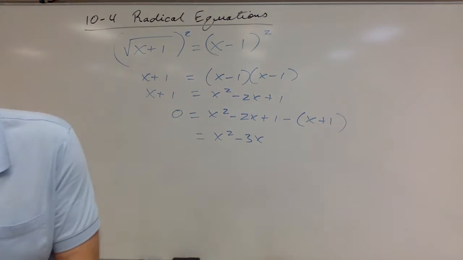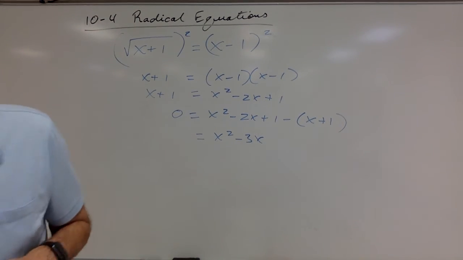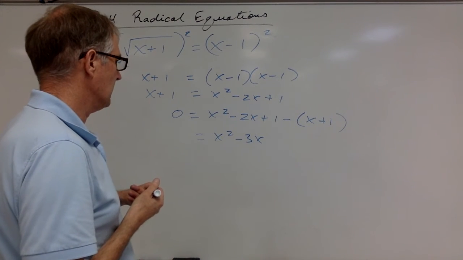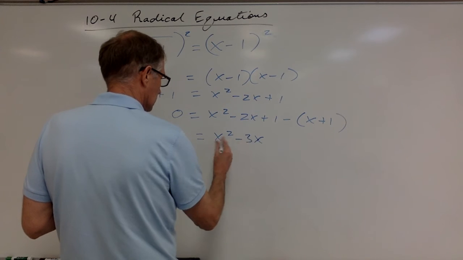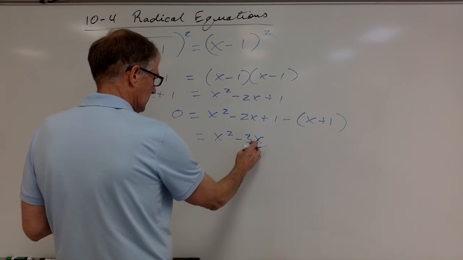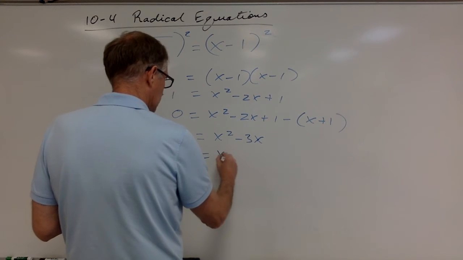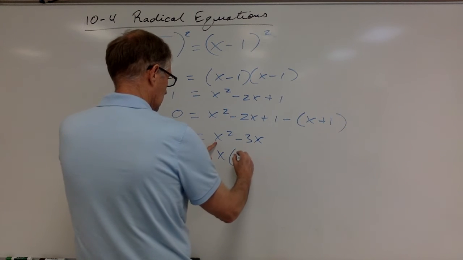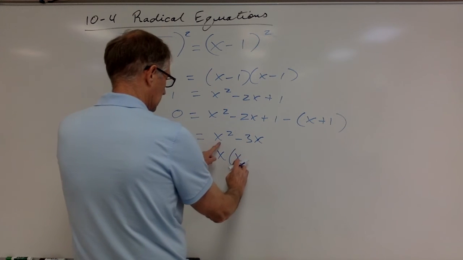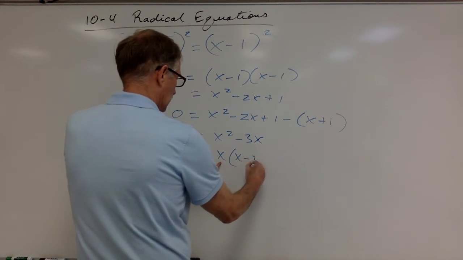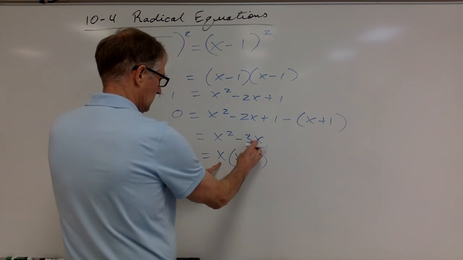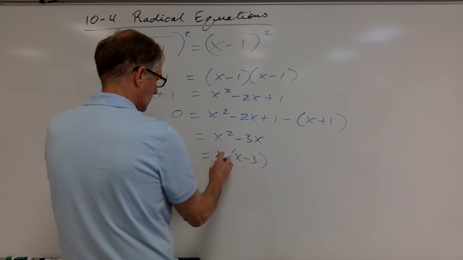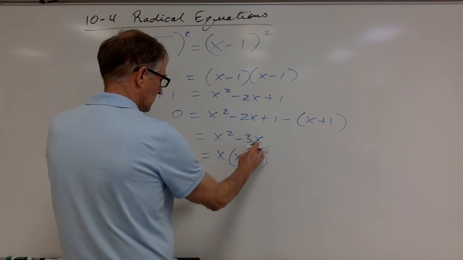But now we need to find out what the value of x is. Now I can factor out an x, because this is x times x, so I can factor out an x to the side. So x times x squared minus 3x, x times x is x squared.